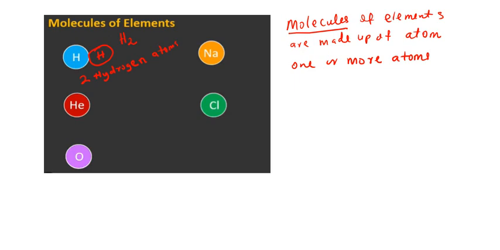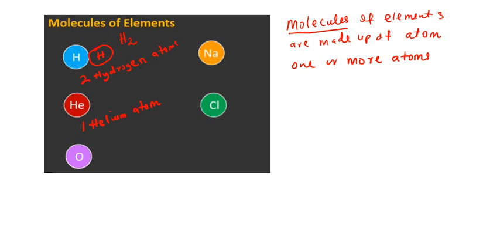Okay, so let's look at this. We also have helium. Helium has only one atom. That's one helium atom. The reason is that it is a noble gas, so it doesn't want any friends, so it stays alone.